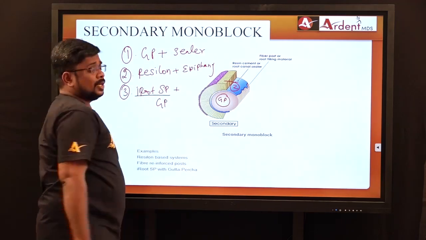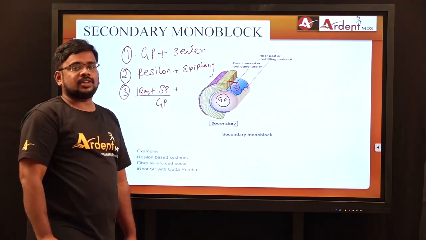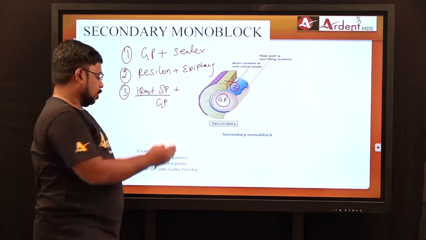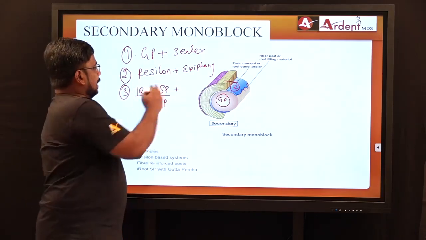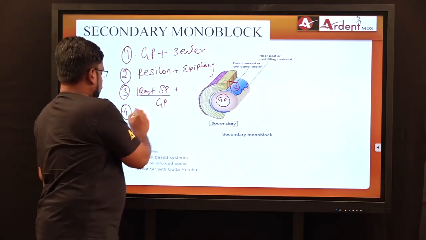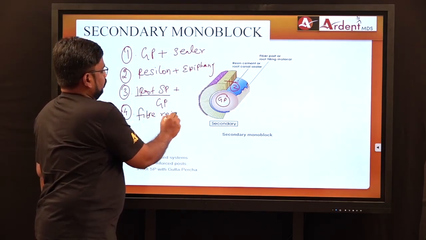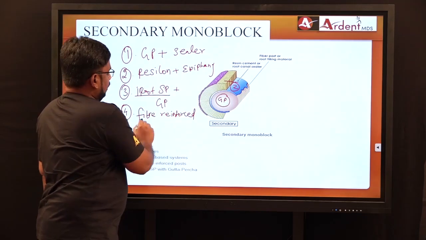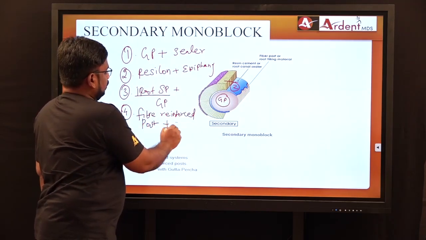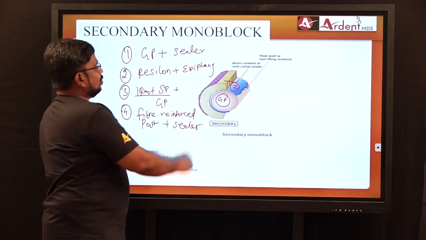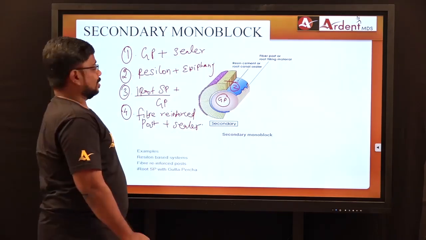As I told you, I-root SP is nothing but a bioceramic injectable material. Along with the Gutta-Percha, you can use it for a secondary monoblock. Or you can use a fiber reinforced post along with the sealer. So all these are examples of the secondary monoblock concept.